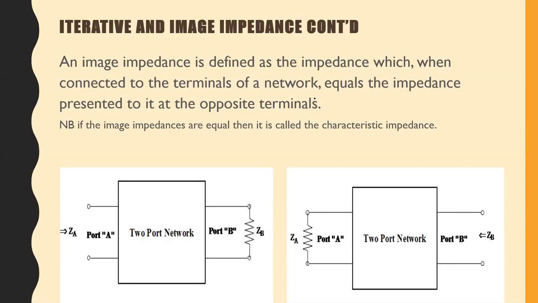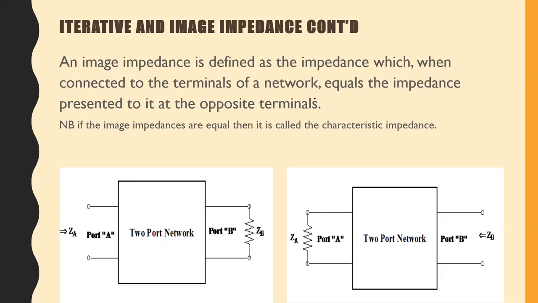If we find the impedance looking into port A, when port B is connected to an impedance ZB, we say we have the image impedance if, when I look into port B, I would get the impedance that was connected at that port.